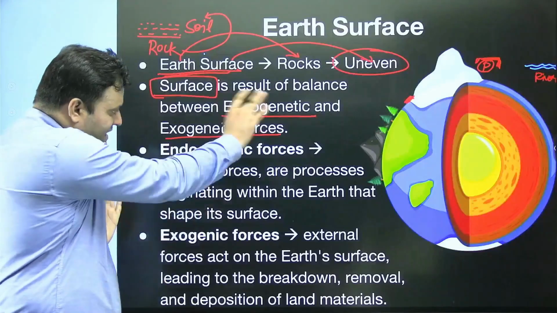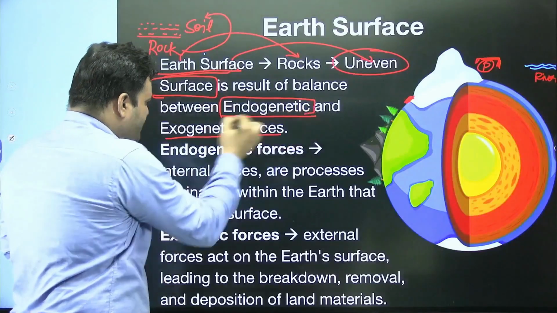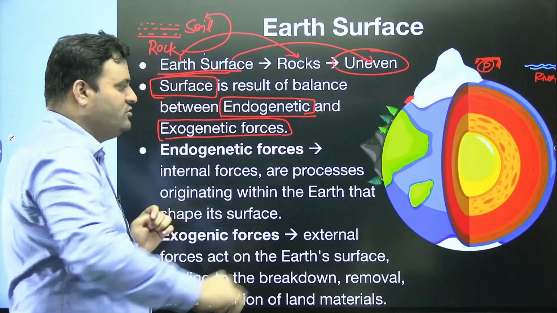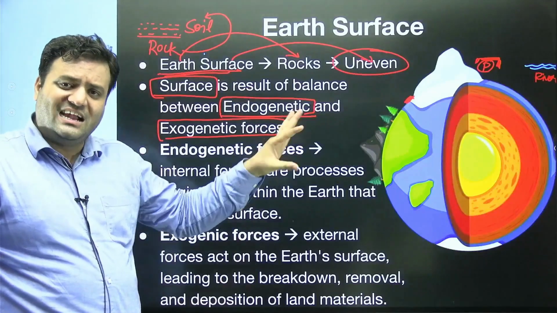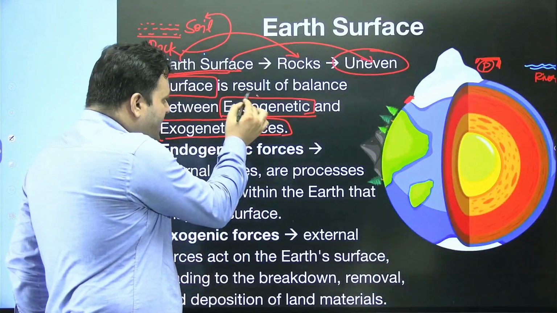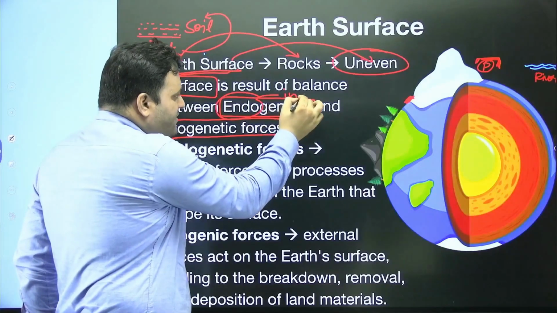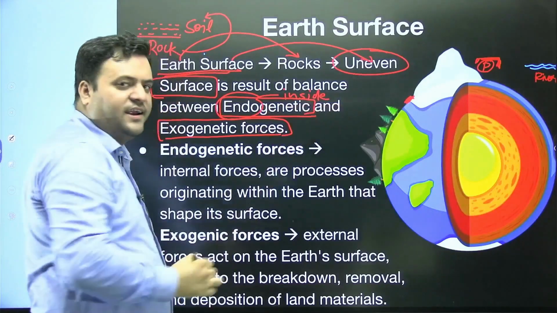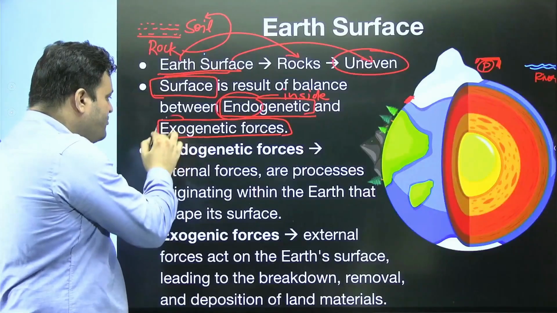So let's discuss these two sets of forces, endogenic and exogenic. Endogenetic and exogenetic, it's the same thing. Endo means inside. And exo means what? Exo means outside.